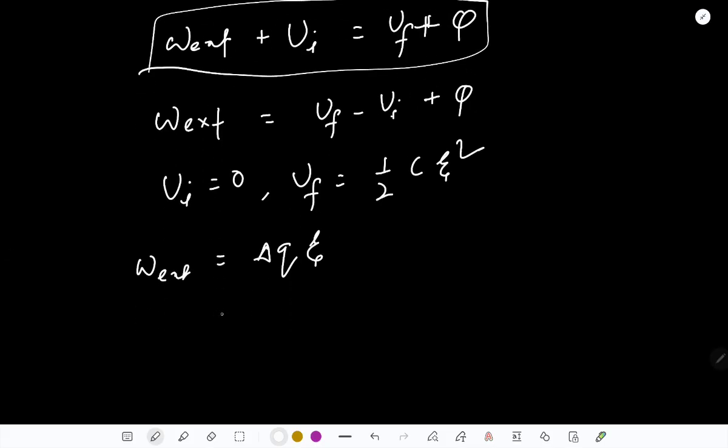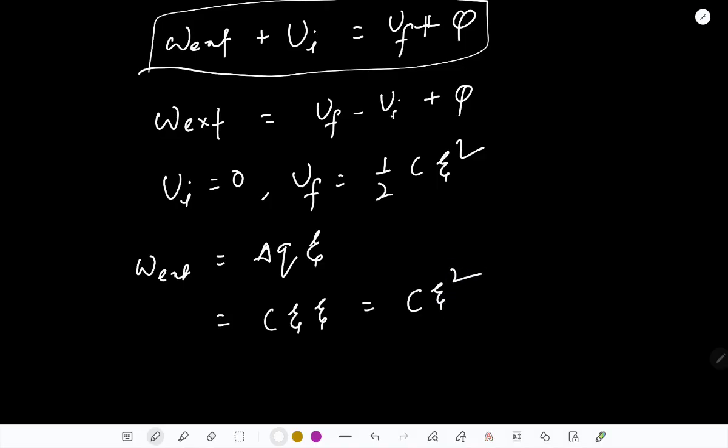And so the charge flown in our case from the negative terminal to the positive terminal of the battery is of course C Xi. So the work done by the external agent becomes simply C Xi square.